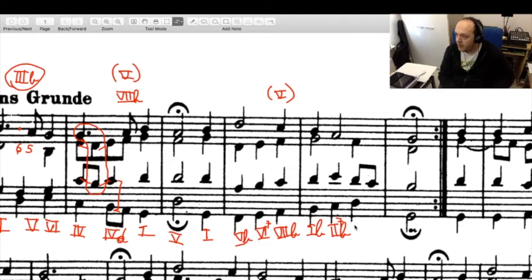So what do I have here? I have chord 5 with a passing 7. I'll put it here in this case, and that's a leading note which doesn't resolve, a leading note in the middle of the texture which drops to the 5th of the tonic chord. We find that often.